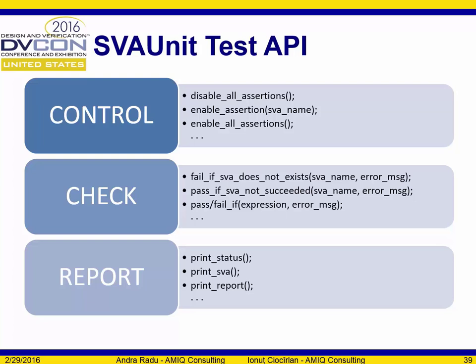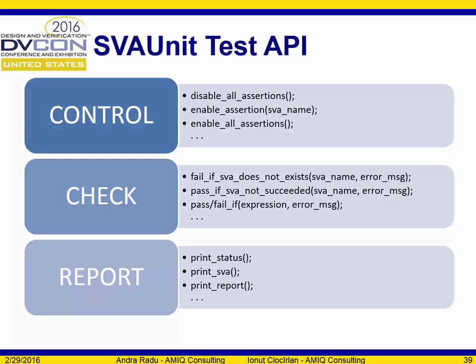But you can have finer granular control, like enabling one assertion using the enable assertion API, or all of them. Now, the workhorse is the checking API, the ones that verify the state of the SVA is what we expect, are these ones. I've only listed a few examples from each category, but there are many more which are documented.